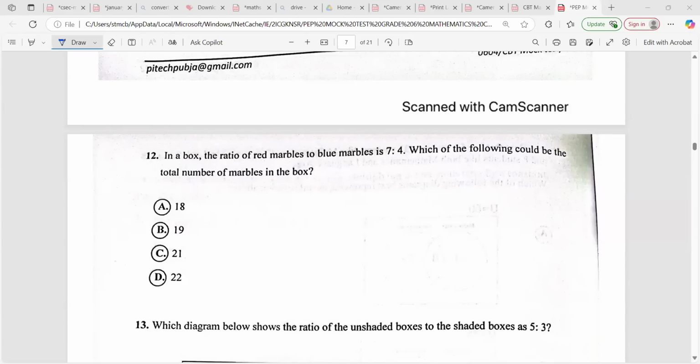You got it out already, Vernon? Vernon, hearing us? Not hearing Vernon at all. Sir, I'm not ready. Okay, let me see if somebody is ready.